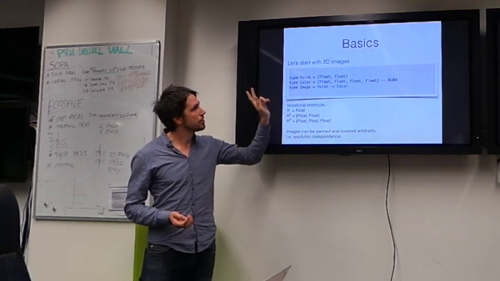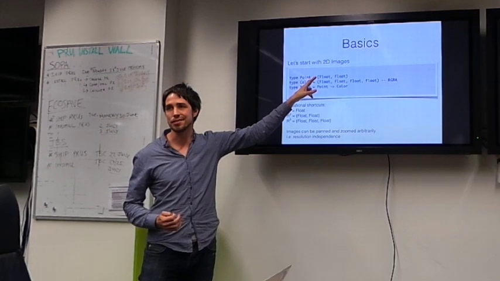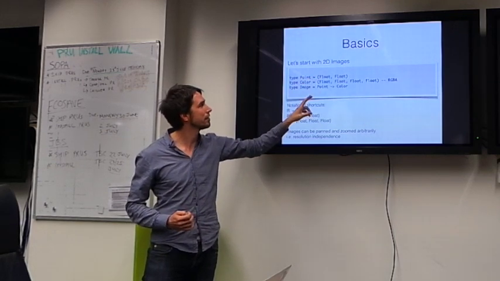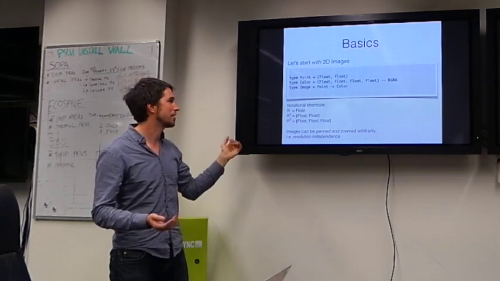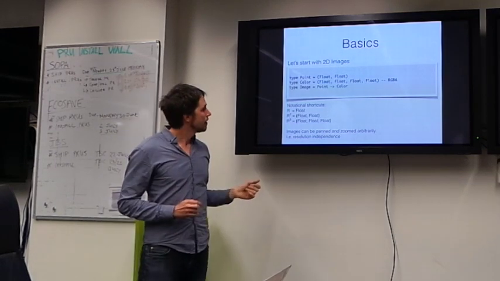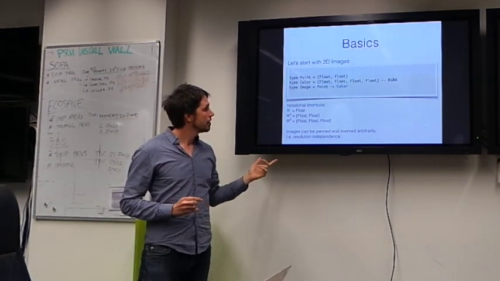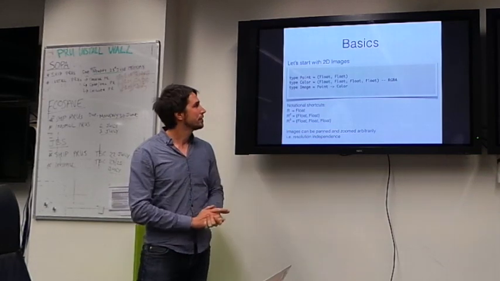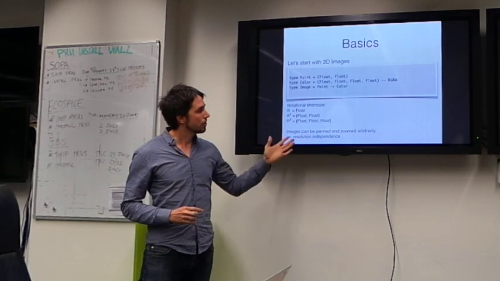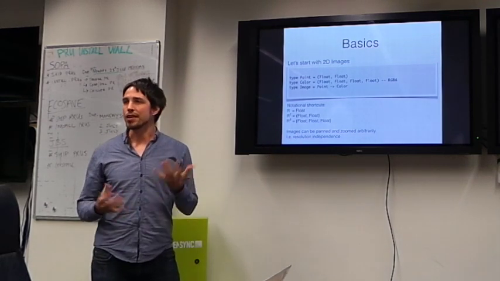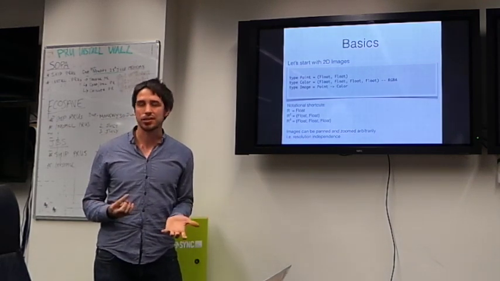These are continuous Cartesian coordinates, and that basically means that you can pan and zoom arbitrarily. It means that these images are resolution independent.